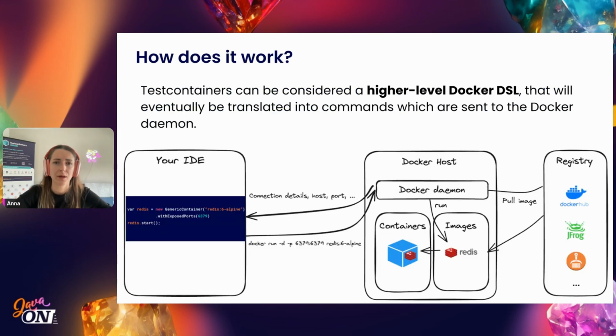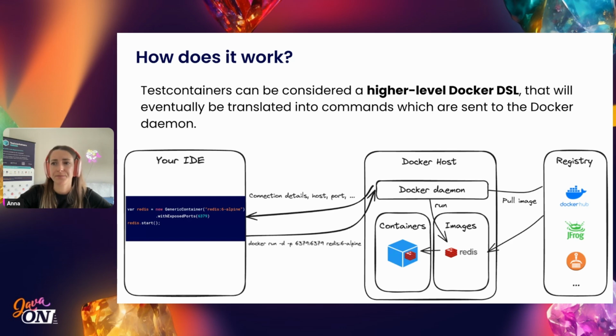So how does it work? You can think about it as a high-level Docker DSL because it is based on the Docker API. The one requirement that you need to fulfill when you run a Testcontainers test is to have Docker available, like the Docker context, so your tests can start the containers.